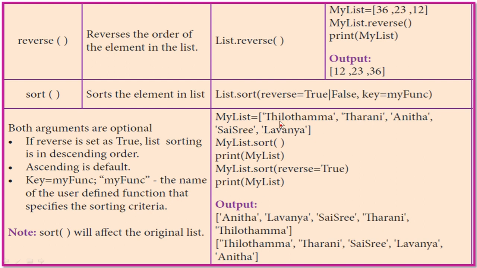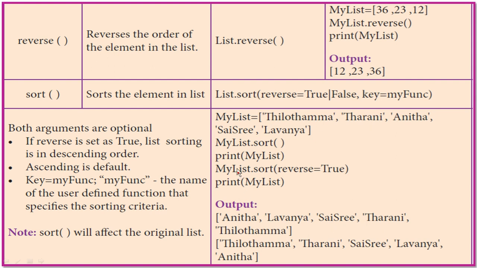Here we have 5 text values in my list. First we sort the list in ascending order, so we get the 5 names rearranged in alphabetical order.